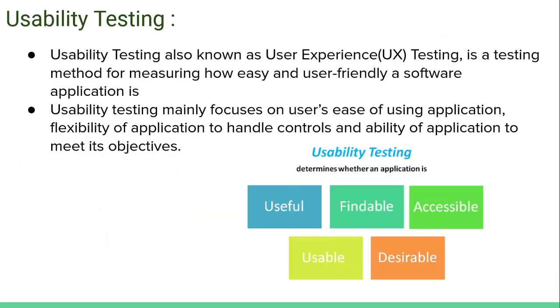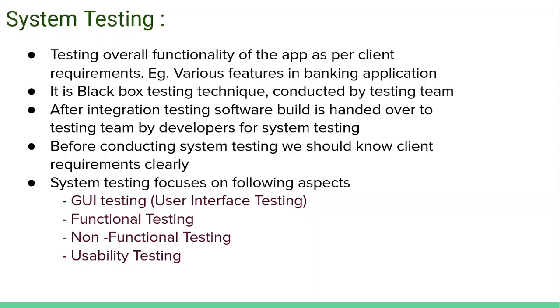So this is about system testing, correct? Let's revise one more time. We have seen system testing is nothing but testing overall functionality, and it is conducted after integration testing, in which the testing team will perform this system testing, which is a black box testing type. Various aspects include GUI testing, that is user interface testing, functional testing, non-functional testing, and usability testing.